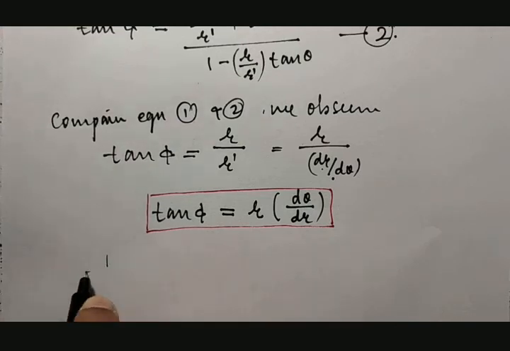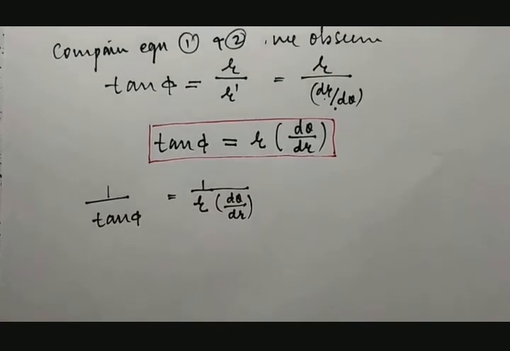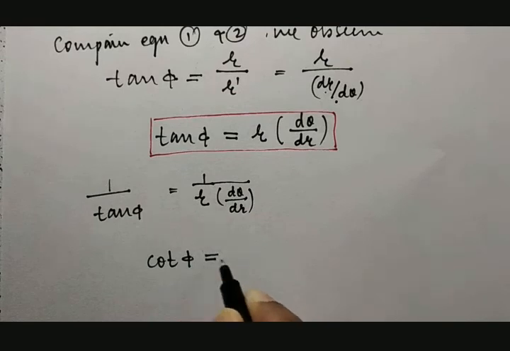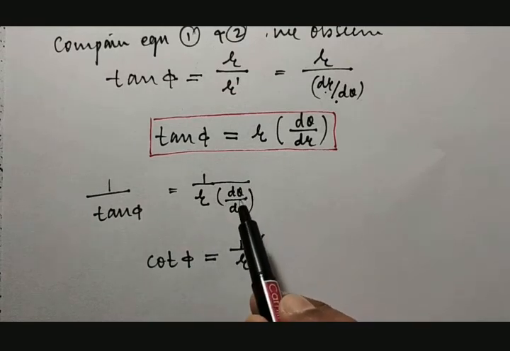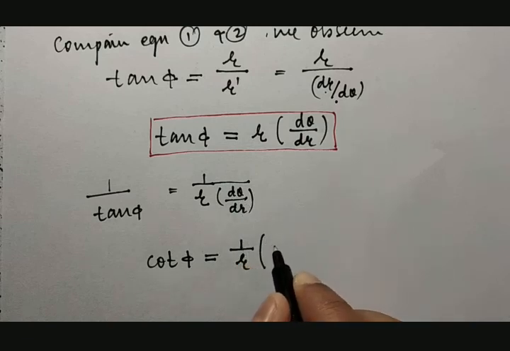then 1 divided by tan phi is equal to 1 divided by r into d theta by dr. Which is nothing but cot phi, equal to 1 divided by r into 1 divided by d theta by dr. If it goes to the numerator, it becomes dr by d theta.